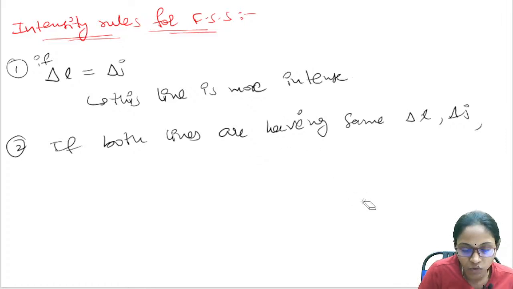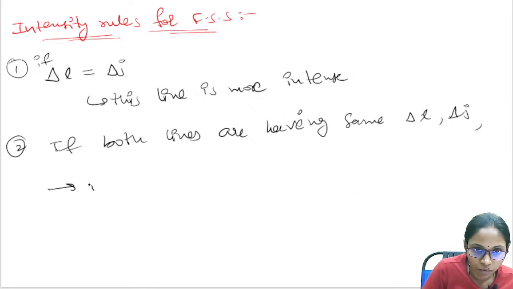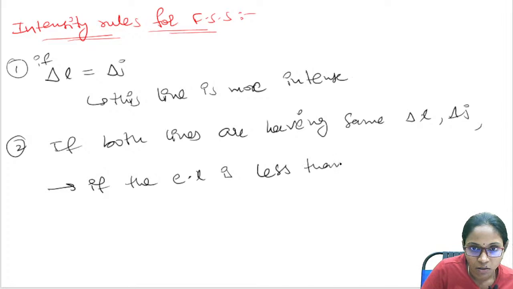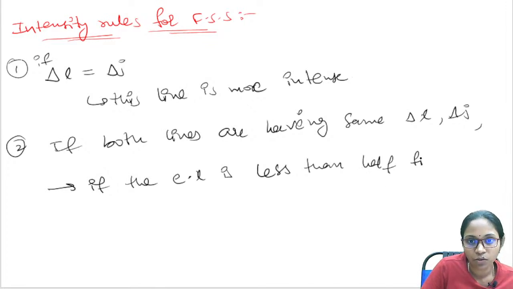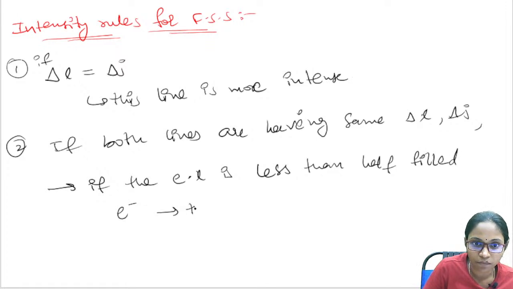You have to follow the trick that if the energy level or the orbit contains less than half filled electrons, then go for the lower J value.